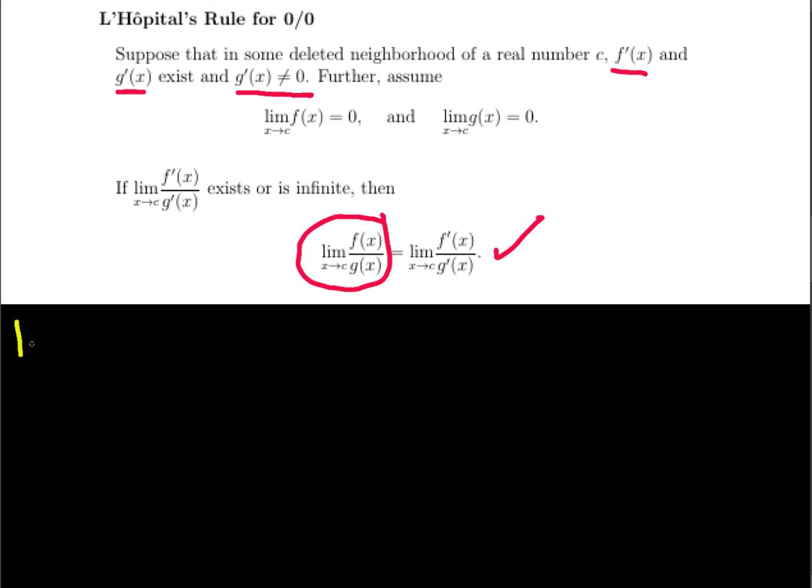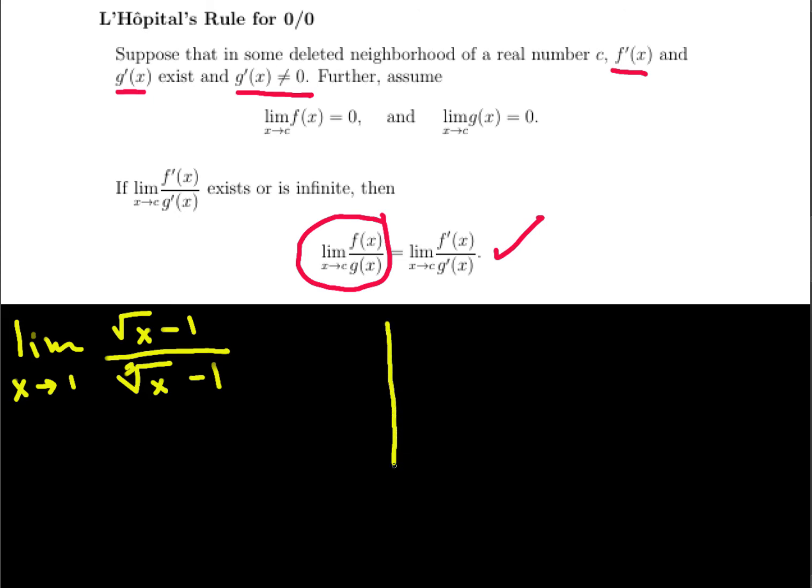So let's consider the limit as x approaches 1 of the square root of x minus 1 over, let's say, the cube root of x minus 1.